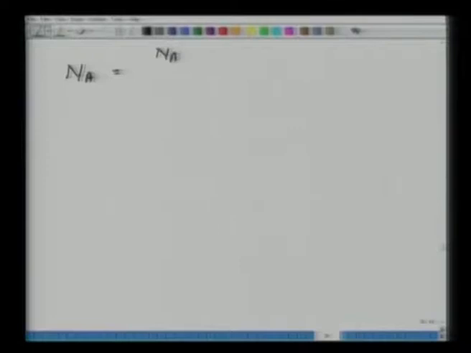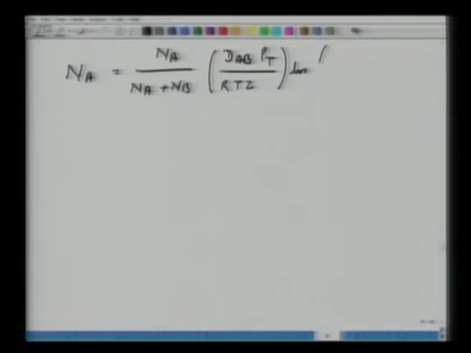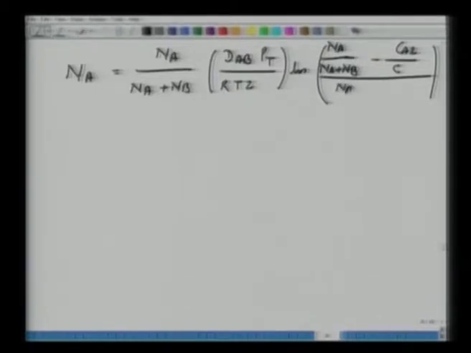So let's go back to the integrated equations which we had earlier obtained as Na equal to Na plus Nb, Dab C by Z. So instead of C, we write Pt over RT Z, ln of Na over Na plus Nb minus Ca2 over C, Na over Na plus Nb minus Ca1 over C. So this is the integrated equation.